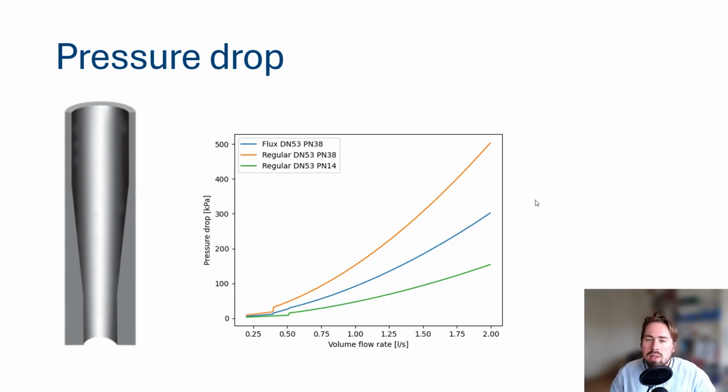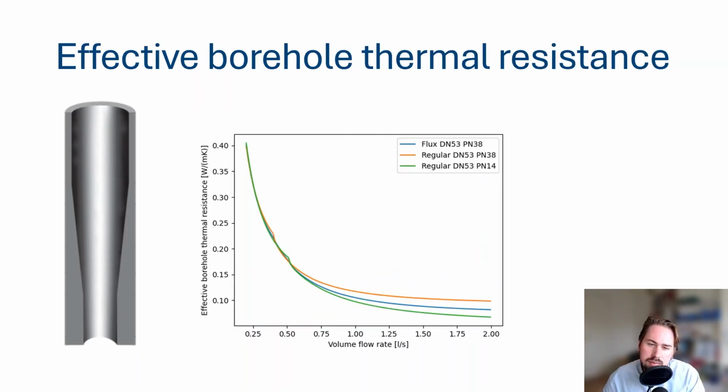Now, so far we only talked about the hydraulic advantages, but here you see that there is a difference in when turbulence starts. So this can also have an effect on the effective borehole thermal resistance, like we discussed many times on this channel. So let us take a closer look at that one. And this is the same graph now for the borehole resistance.